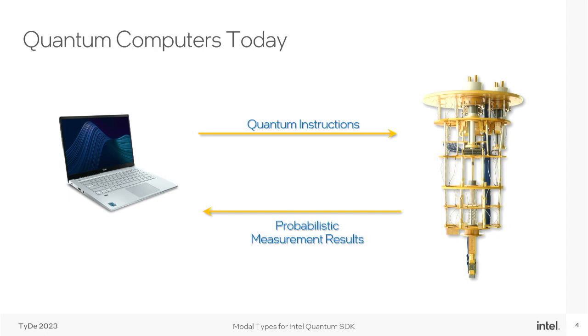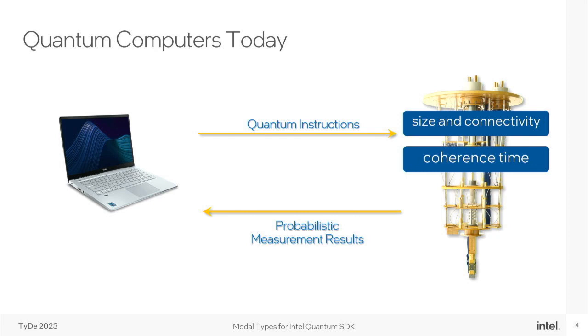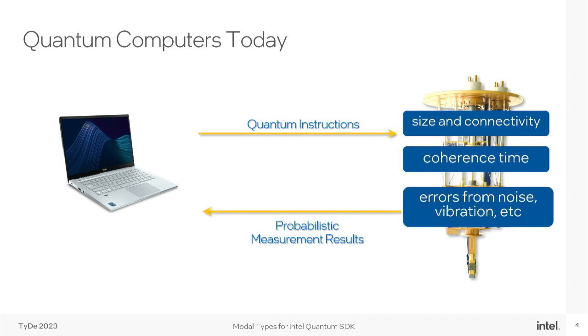So today's quantum computers are subject to pretty significant resource constraints. That is partially in terms of the number and connectivity of qubits, the quantum bits available. Things like coherence time, the amount of time that a quantum state will be stable on the quantum computer. And also errors from a variety of physical sources.